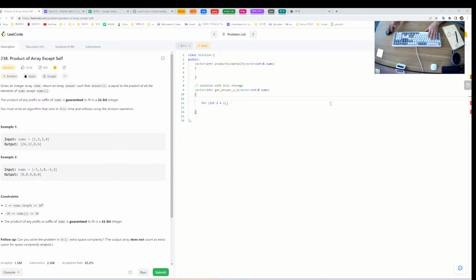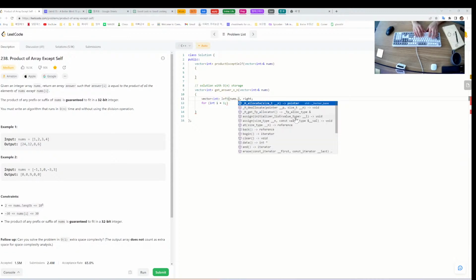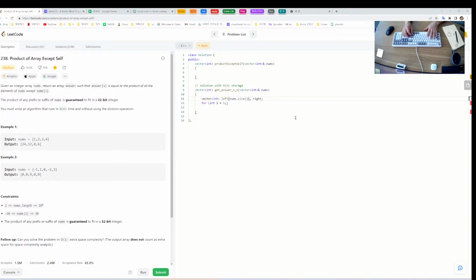Let's make two arrays, left and right. For left, the size must be nums size, and this is also the same for right.